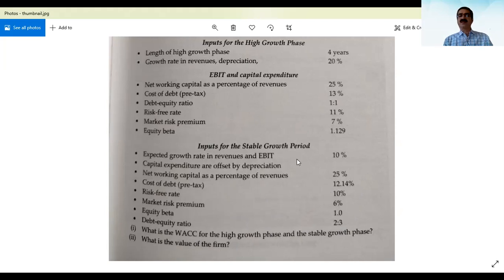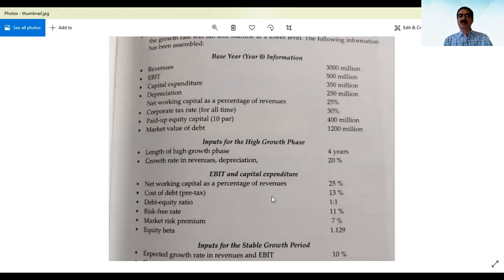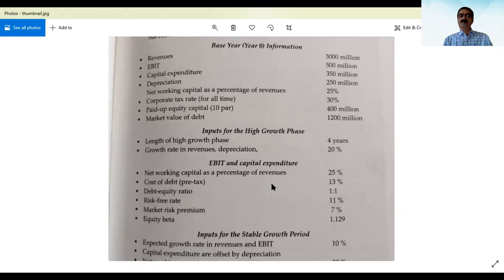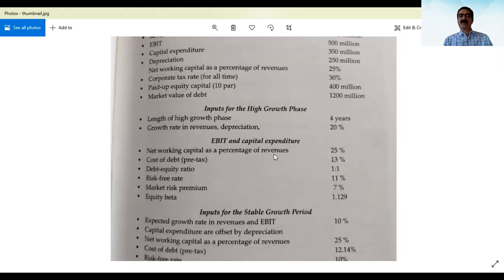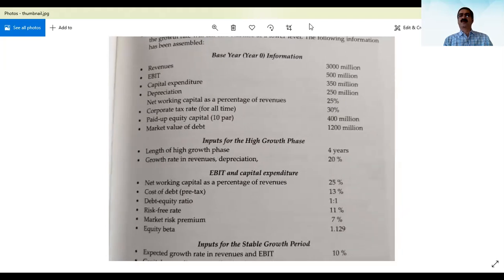What is given here are certain projections for both the high growth phase and the stable growth phase. So what are the prerequisites over here? What do we need to solve the problem? First, we need cost of equity.